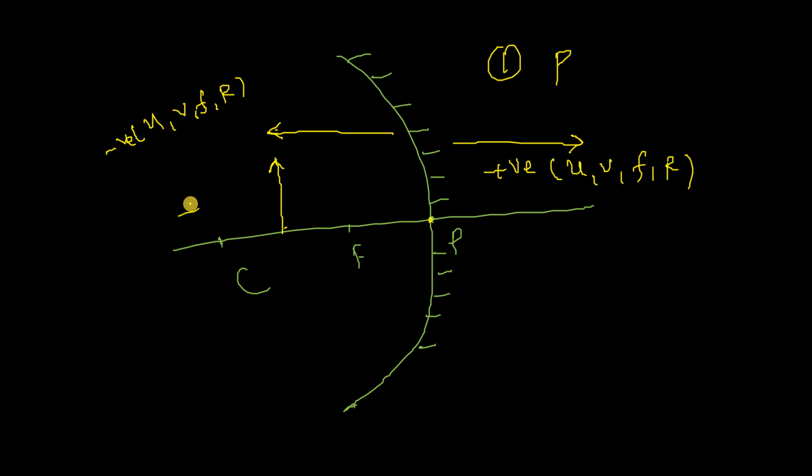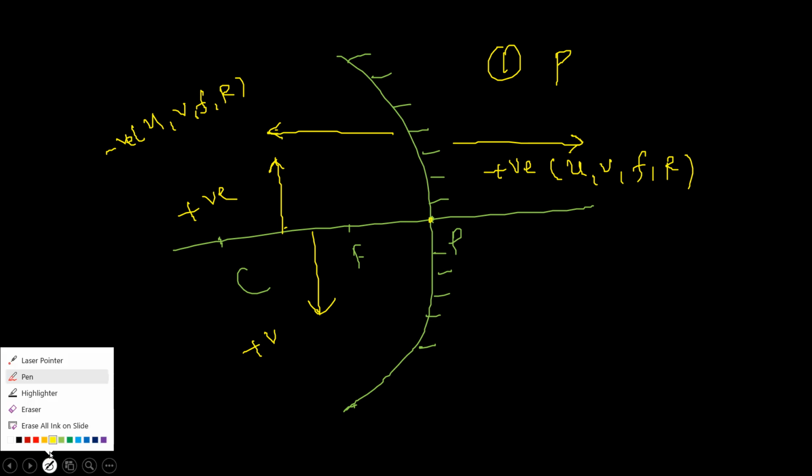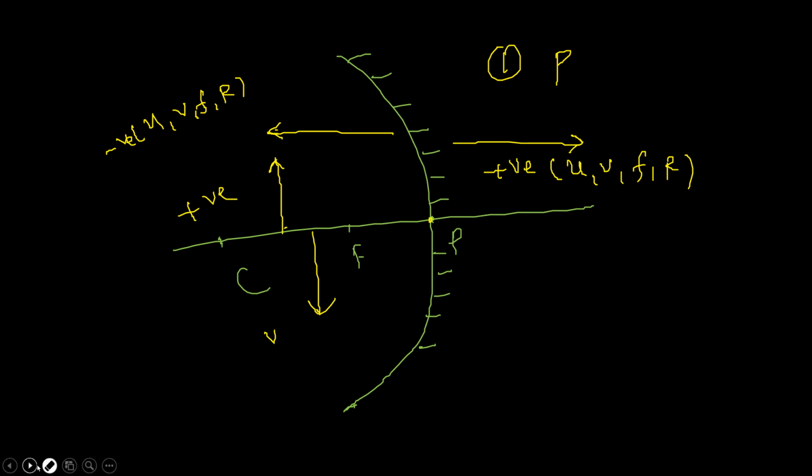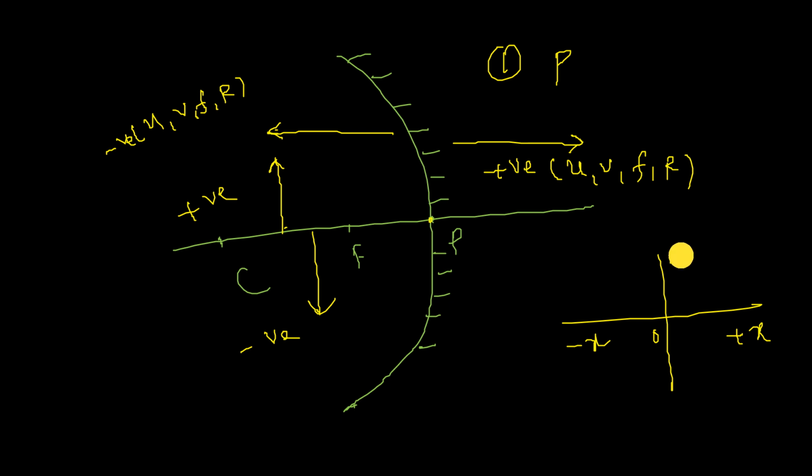Above the principal axis, height of the object or height of the image is positive. Below the principal axis, height of the object or height of the image is negative. As in the coordinate axis, we have origin, positive x-axis and negative x-axis, positive y-axis and negative y-axis. With this comparison also we can remember.